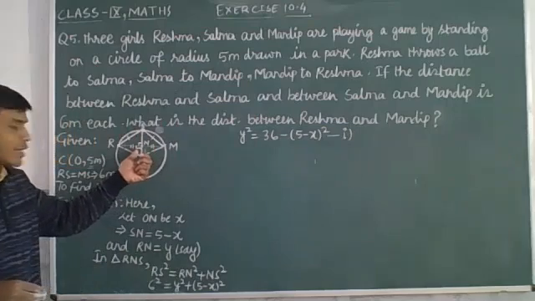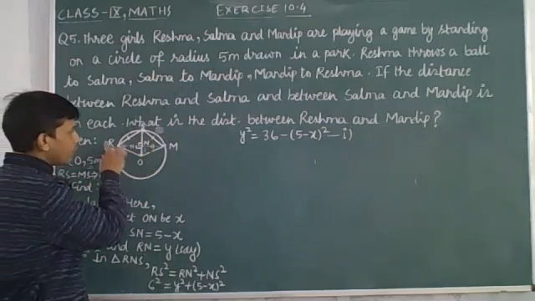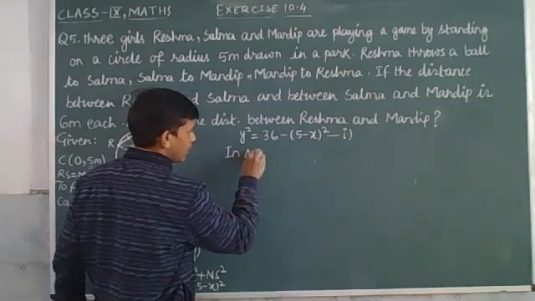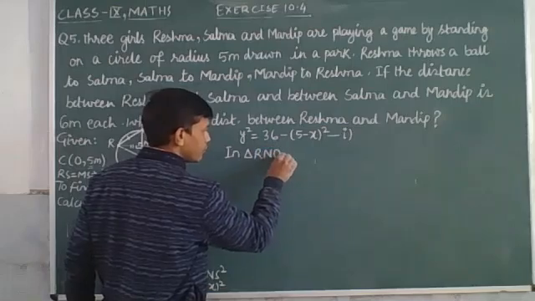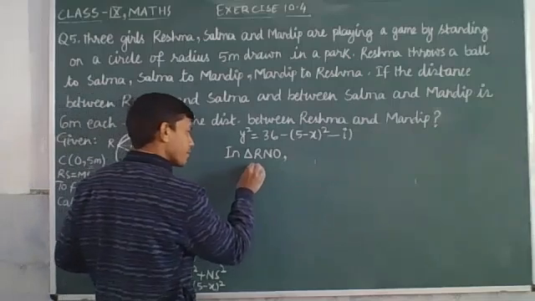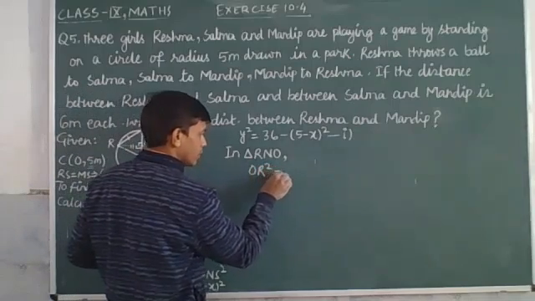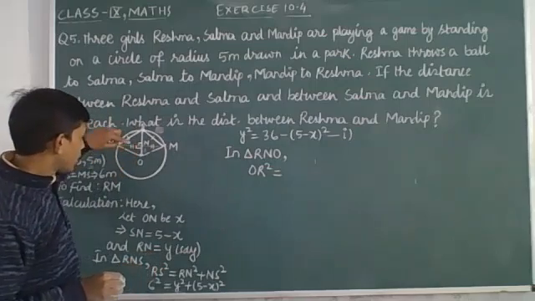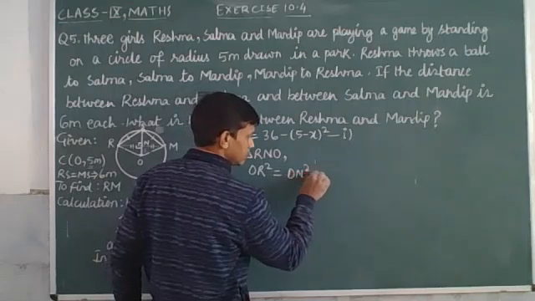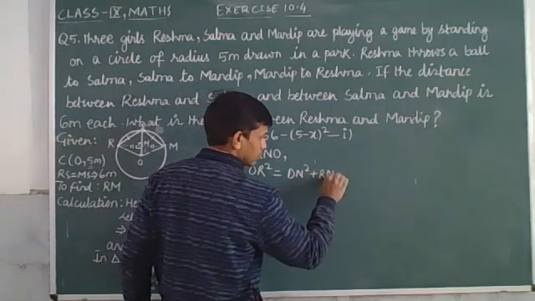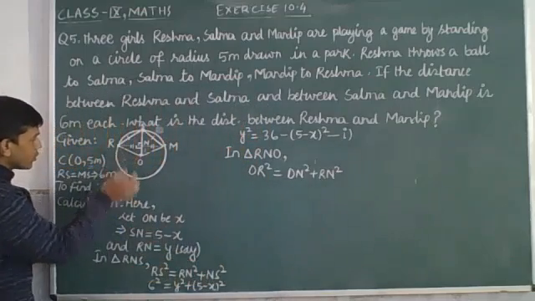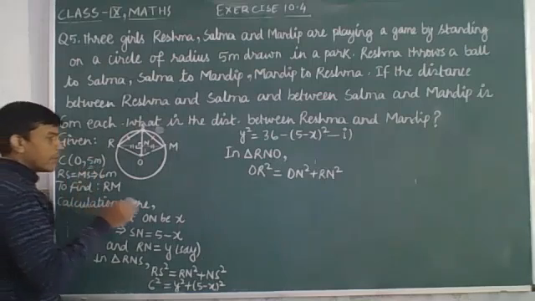Now we observe the second right triangle RNO. In triangle RNO, using Pythagoras theorem, we have OR square equals ON square plus RN square, where OR is the radius of the circle, so this equals 5 meters.